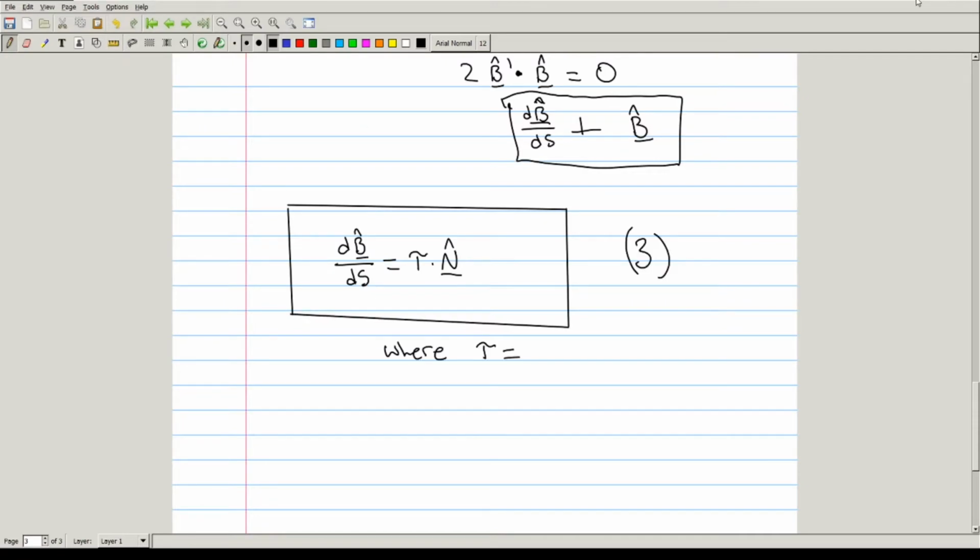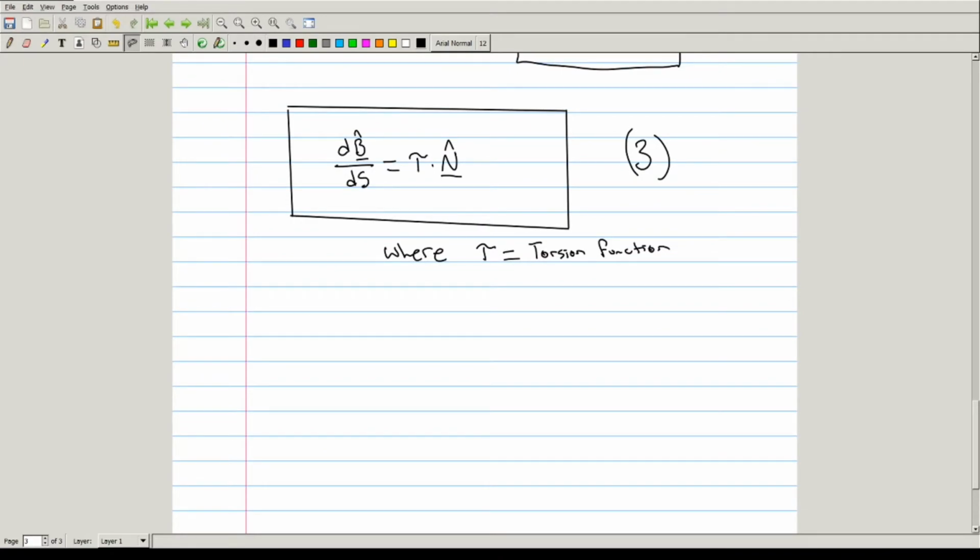Where tau is what's called the torsion function, which essentially gives us a measure of how much the osculating plane is twisting.